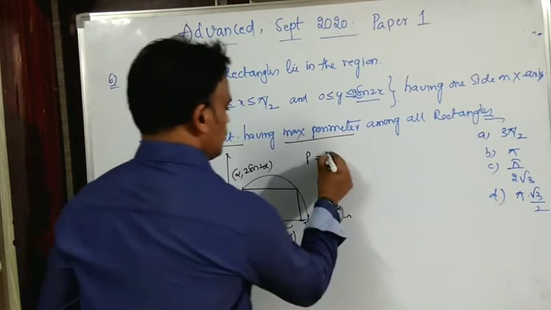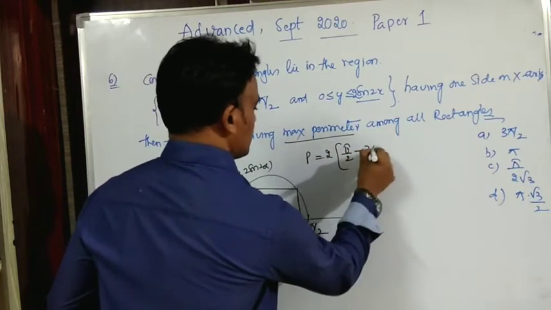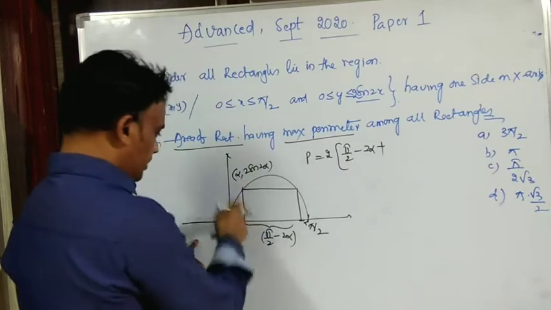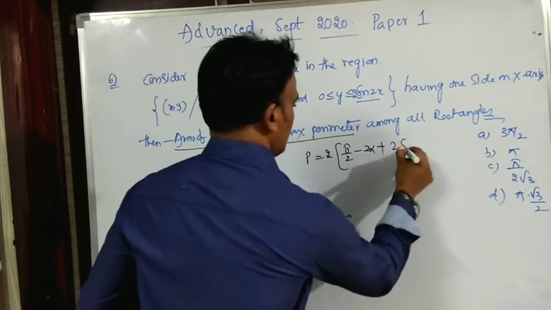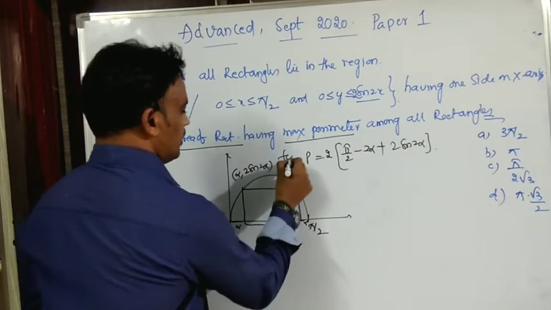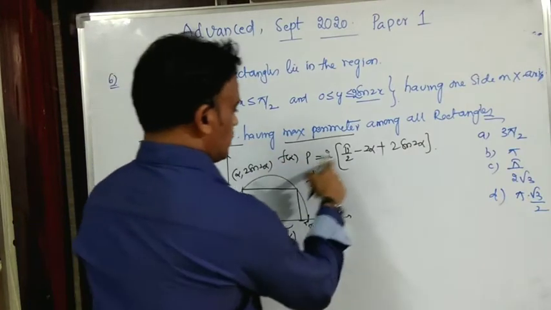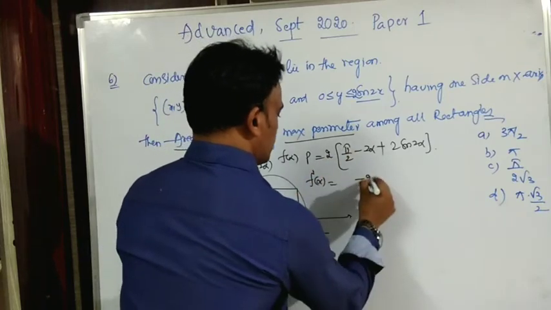Perimeter is 2 times (L plus B), it is 2 times (pi by 2 minus 2 alpha plus breadth), the y coordinate, 2 sin 2 alpha. So this is a function in terms of alpha, f of alpha. Take out f dash alpha. The constant gives 0.